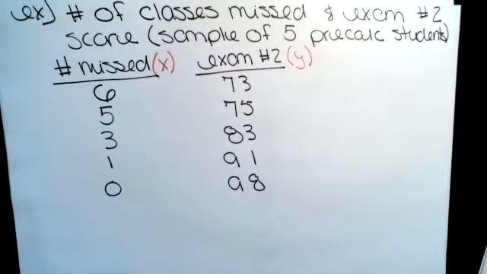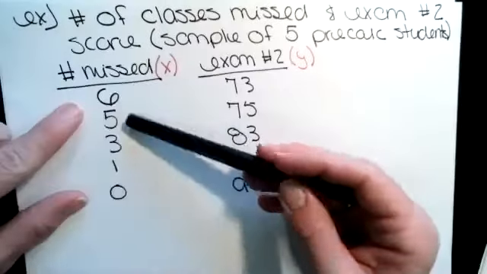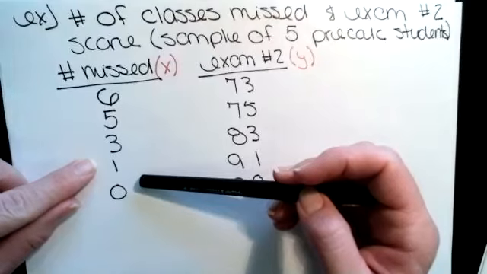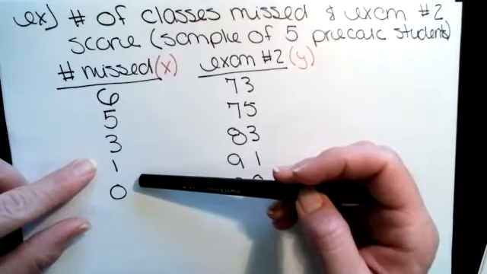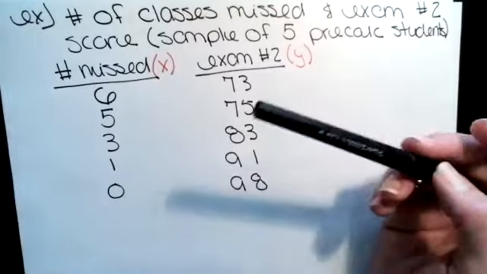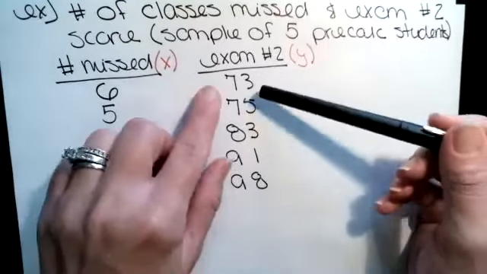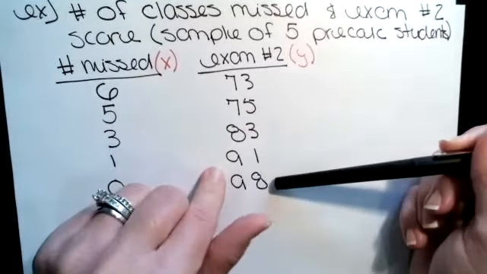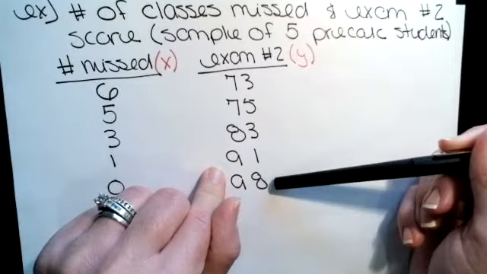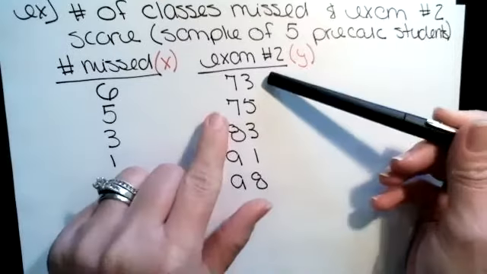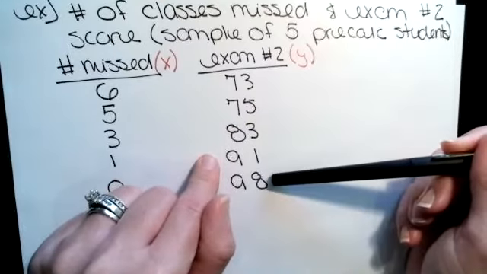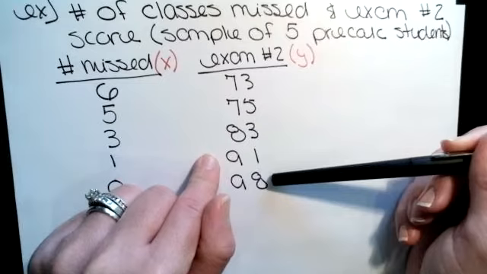Now, if we're going to use our technology, we would take the numbers of classes missed and put that into list 1 in our calculator or column 1 in Minitab or whatever column you choose. And our exam 2 scores would go into another column, a separate column in Minitab, or a separate list in the calculator. It doesn't matter which way you choose.